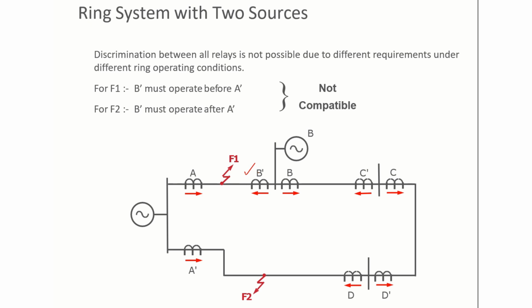So this is now a big challenge: when the fault location moves from one point to another, our requirement changes. So there are multiple challenges with overcurrent. One challenge is that when the fault location moves from one point to another, our requirements of tripping the feeder change. The second challenge is that with the presence of different types of source, the magnitude of fault current will change.